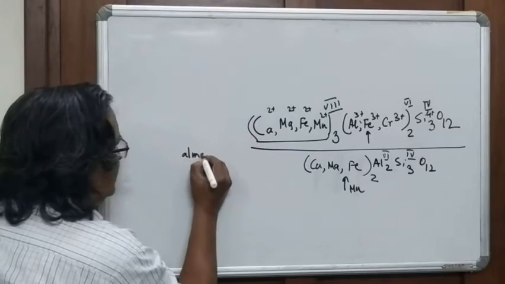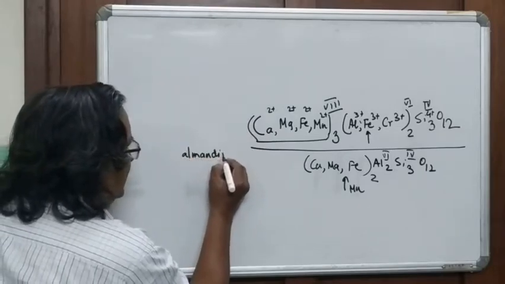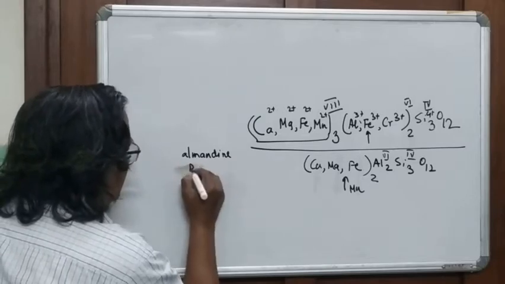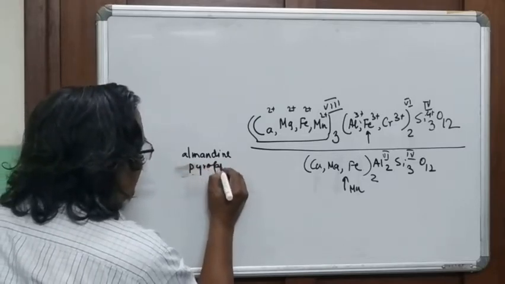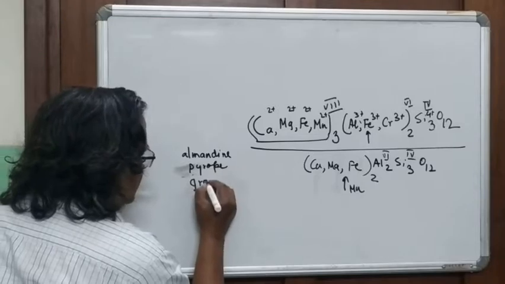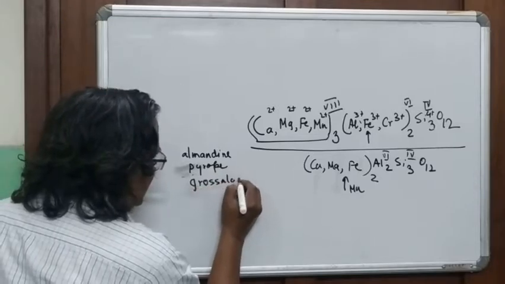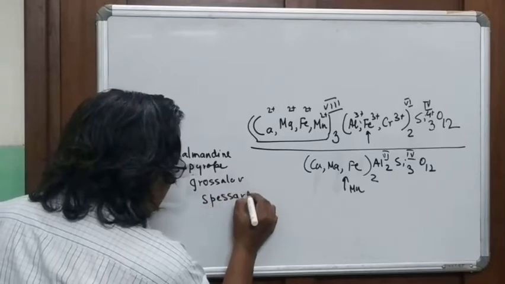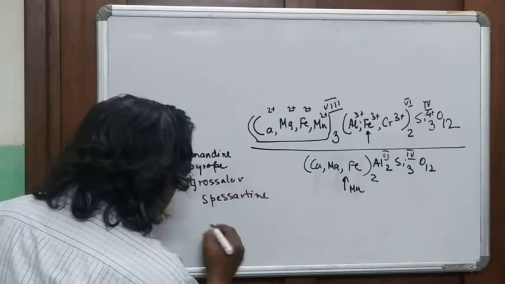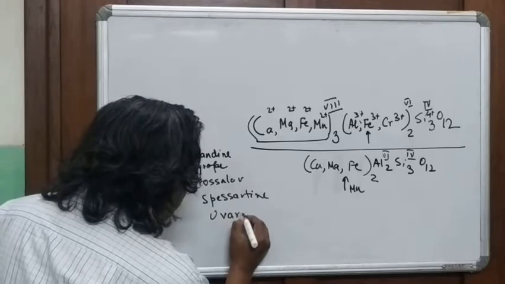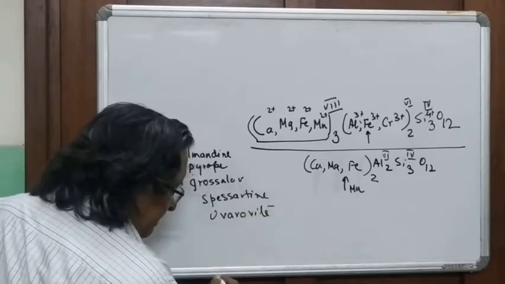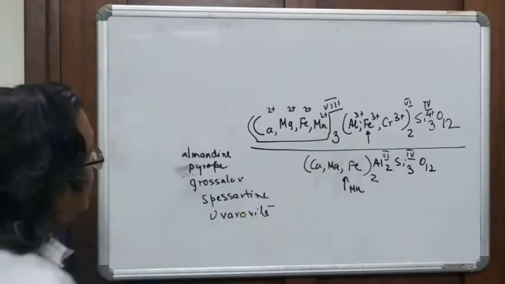So you have almandine garnet, you have grossular, you have pyrope garnets, then you have spessartine garnets. If you take chromium, you have uvarovite garnets.